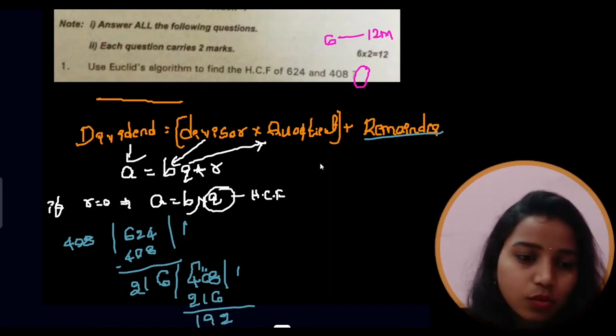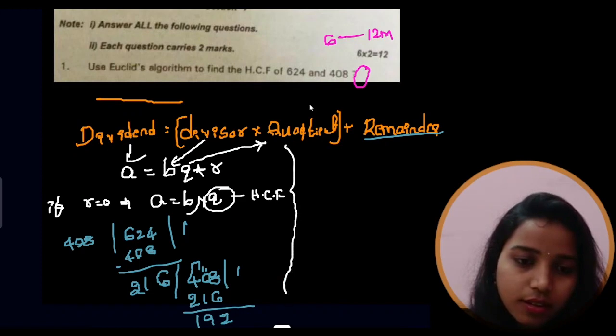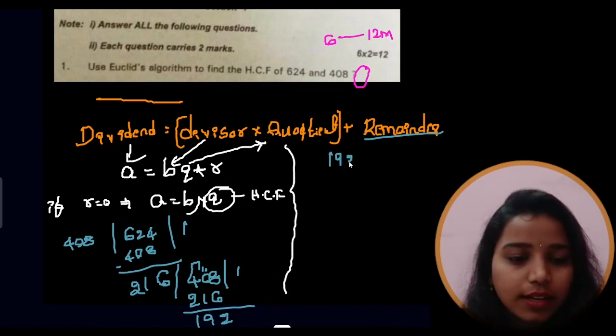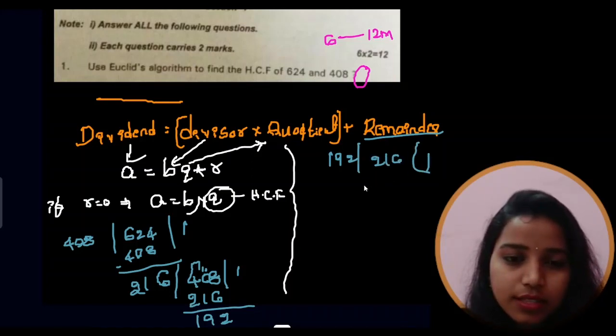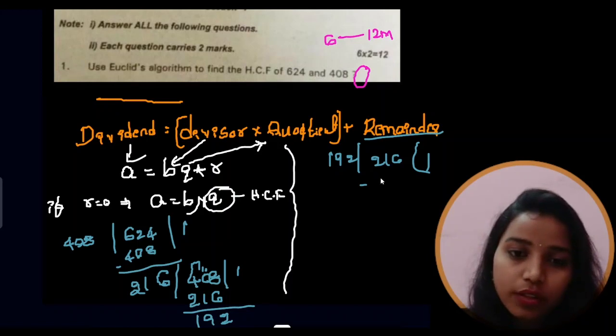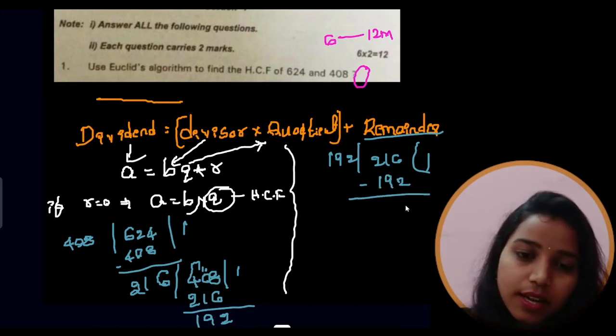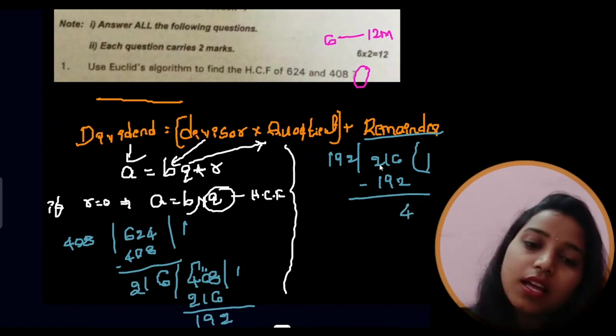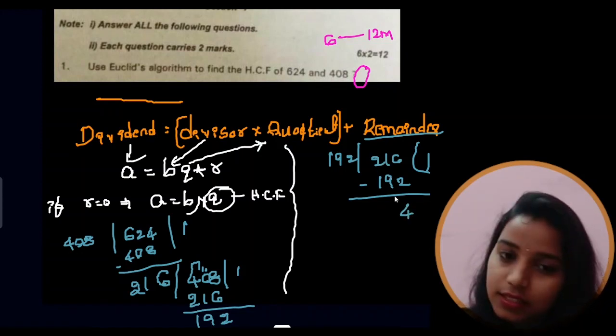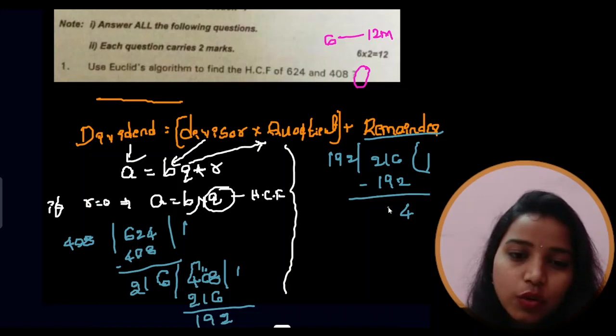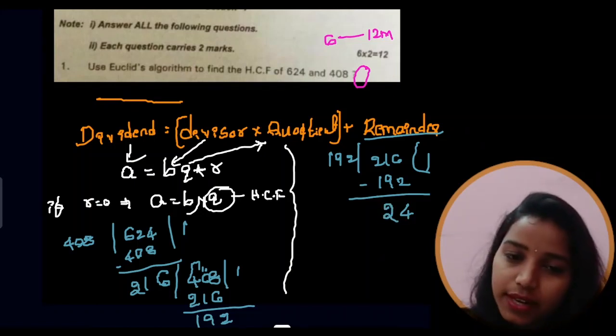Again we divide 216 by 192. Again I'm considering 1, because it will be larger if I go with 2. After subtracting, I'm getting 24.